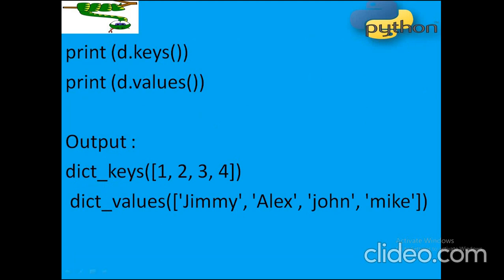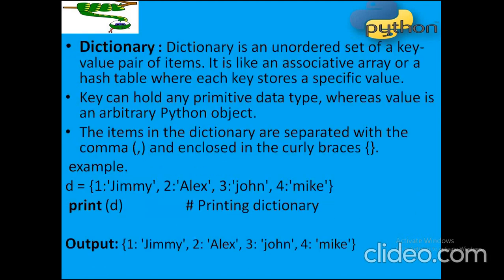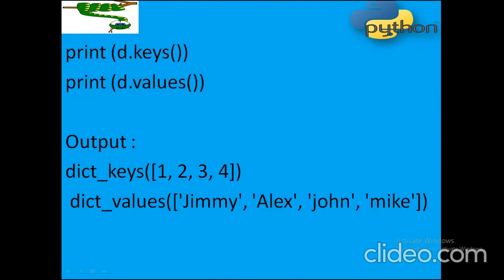If we want to access it key-wise, we can give print d dot keys, and it will display the keys of that data. 1, 2, 3, 4 are the keys. By using d dot values we can display the values of those keys. Jimmy, Alex, John, Mike are the values. So this one is a key, Jimmy is a value, 2 is a key, Alex is a value, like this.